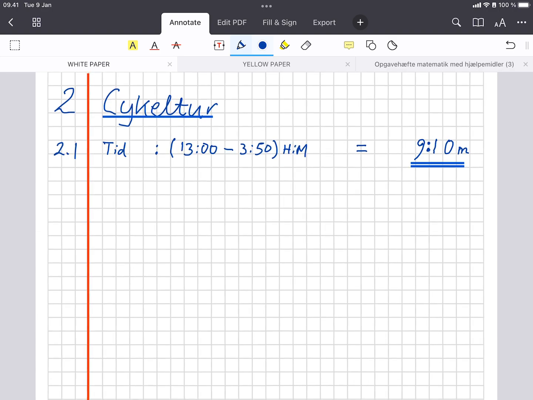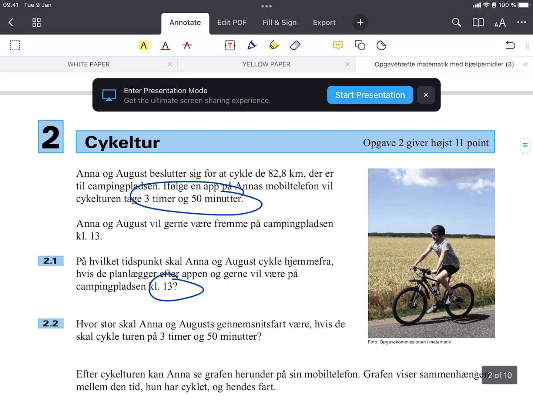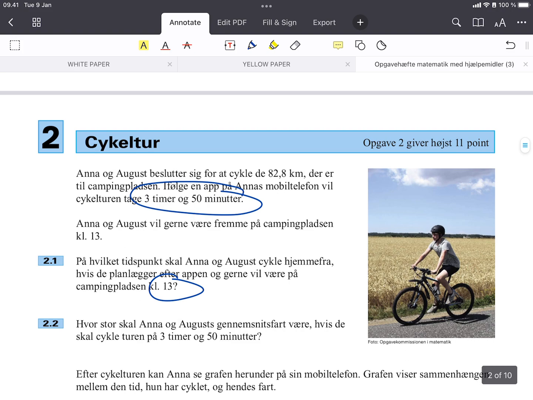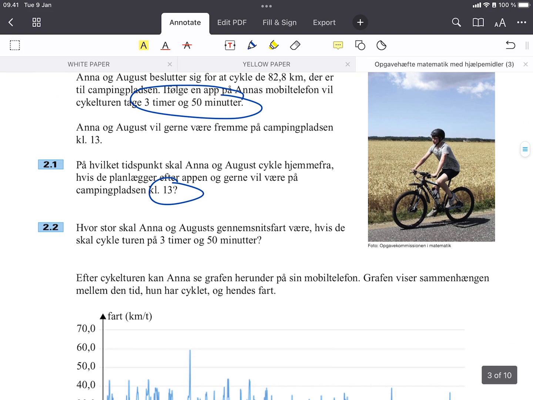Okay, so on to question 2.2. Let's have a look at question 2.2. What does Anna and August's average speed have to be if they are to cycle the trip in 3 hours and 50 minutes?